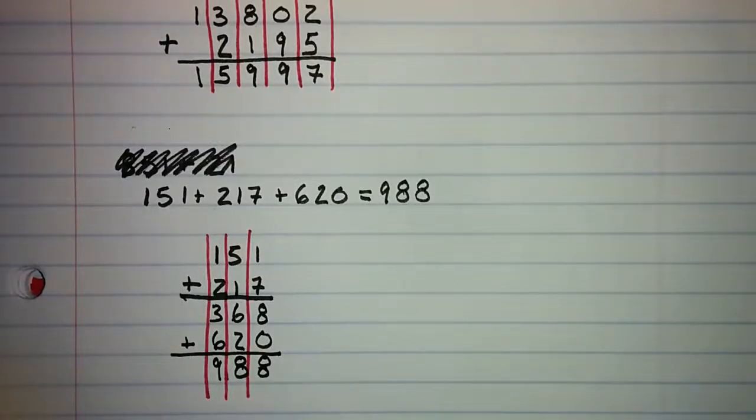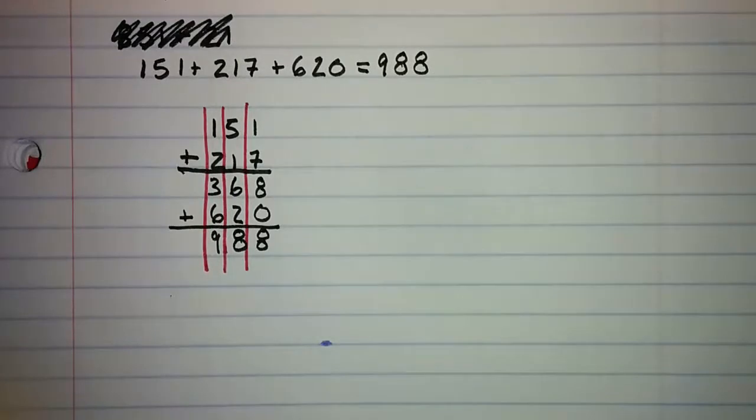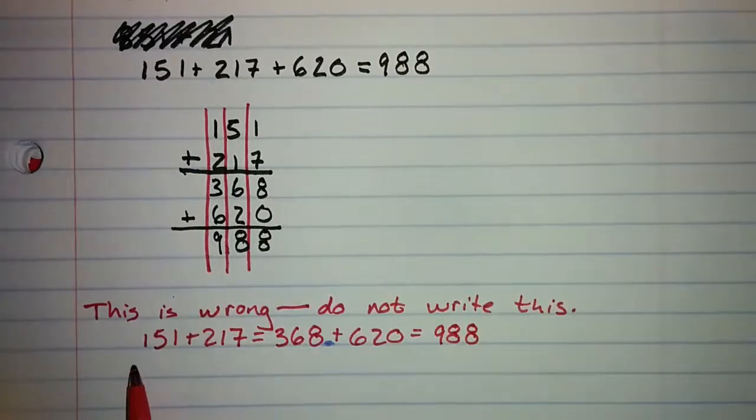It is wrong to write what I'm about to write. So what have I just written? 151 plus 217 equals 368 plus 620 equals 988. Why is this wrong? When I write this, you can't see me writing this in real time, right? You can't see me as I go along writing this.